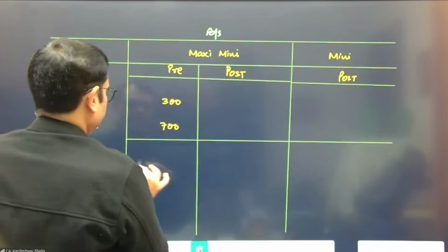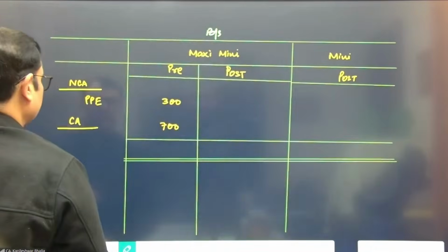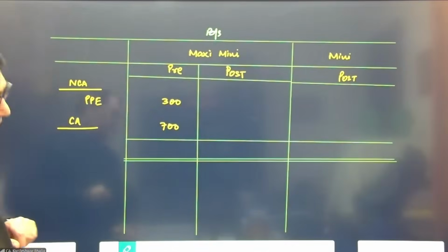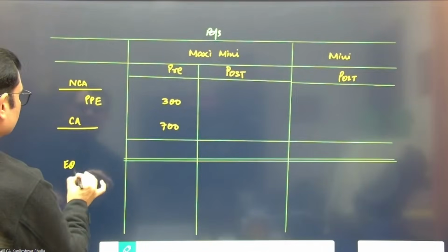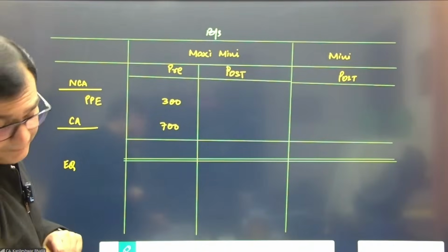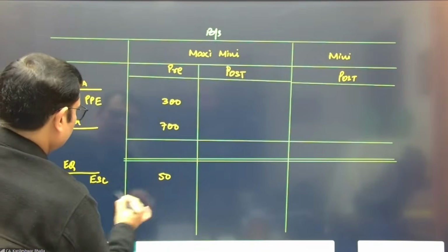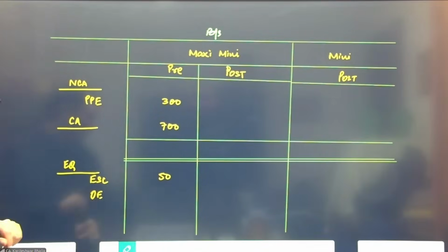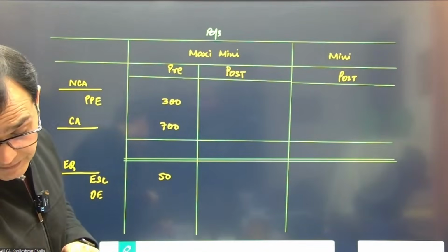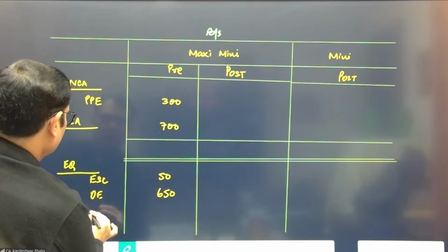Let's close this. And then on the liability side, we're given the equity. And in terms of the equity, we've got the equity share capital is 50. The other equity in the balance sheet is given as 650. Then there is a loan.